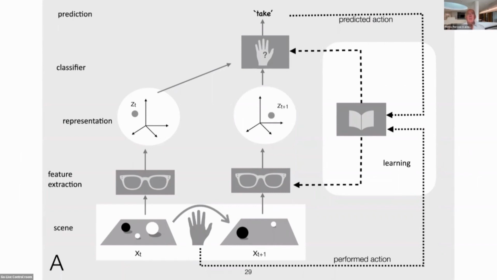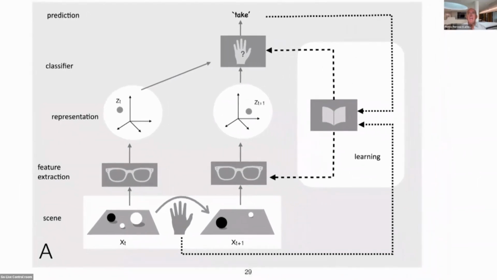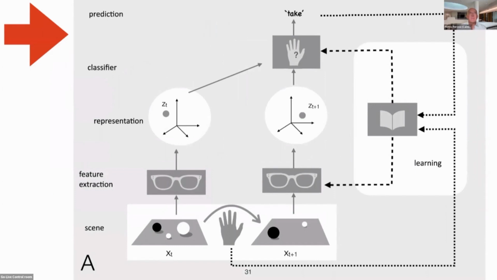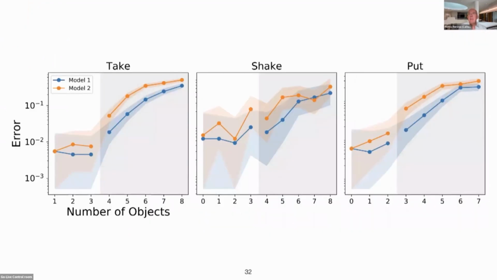Those are eyeglasses producing a representation that's the embedding. And the classifier has to compare two embeddings and decide if the action of take, put, or shake was taken. And you can implement all of this in a very simple way. Any one of you would be able to implement it in maybe half an hour. It would take me half a week, but for you, it's much faster. And so if you train the system that predicts which action was made, you can see that it does well within the training set.